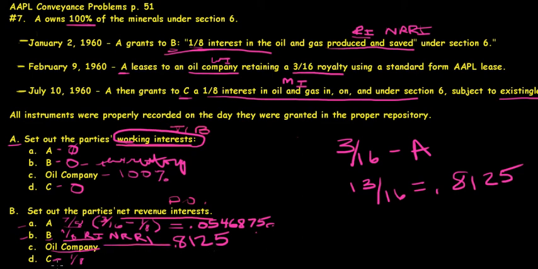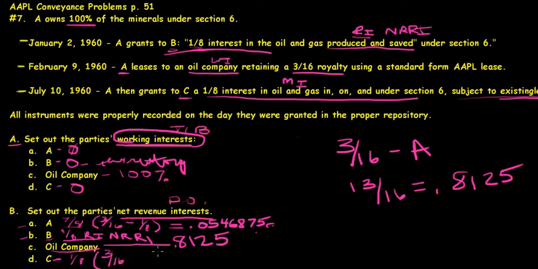And then C is going to be the mineral interest owner. A granted to C a mineral interest, but she took subject to the existing leases and other conveyances. So we're going to now take that 1/8 mineral interest that she obtained on July 10th, 1960, and we're going to multiply it by the 3/16 royalty of the lease that she took subject to.